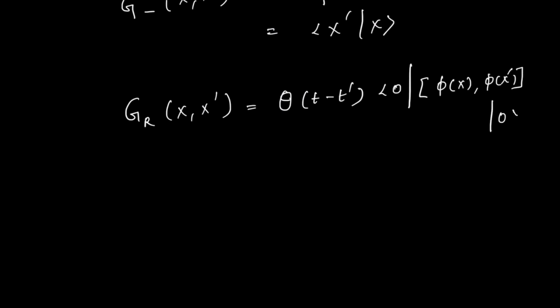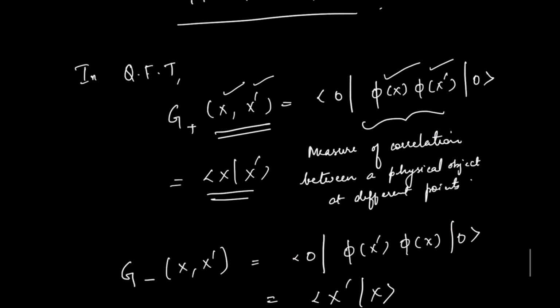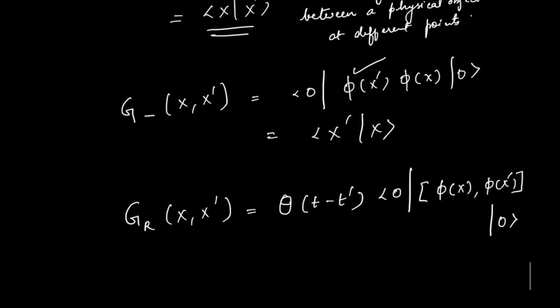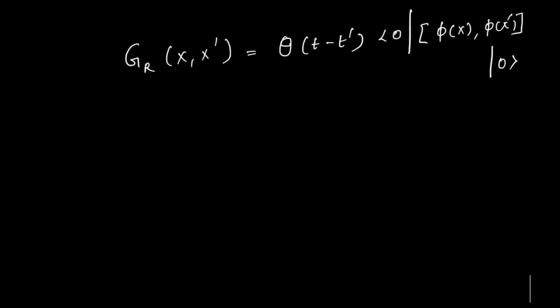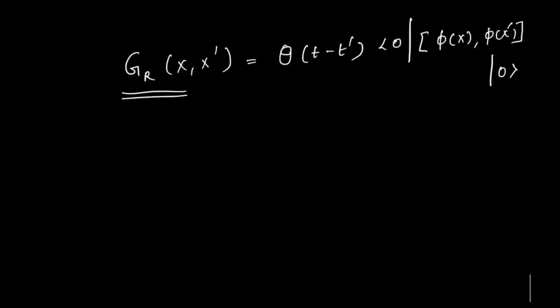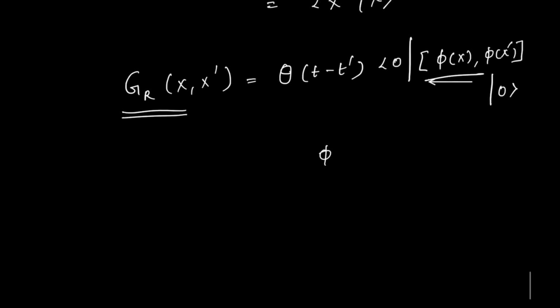So I can have many such orderings. So here I use the commutator. Here there is no commutator. So here there is phi of x, phi of x prime, then phi of x prime, phi of x. But in GR, I am using the commutator of phi of x and phi of x prime. Okay, so which means commutator in the sense phi of x phi of x prime minus phi of x prime phi of x.